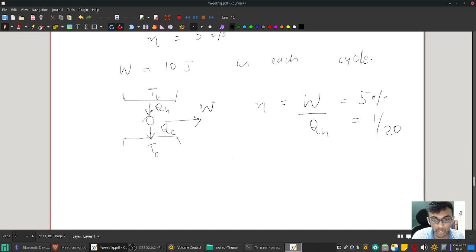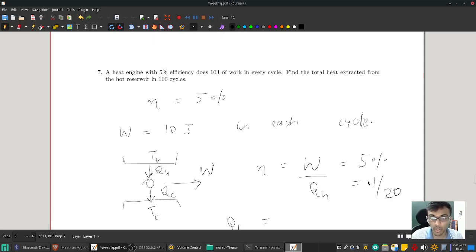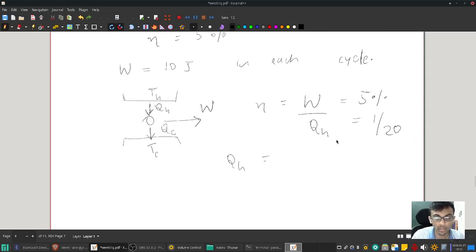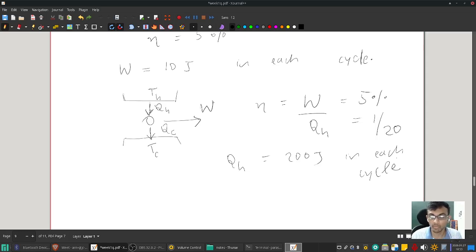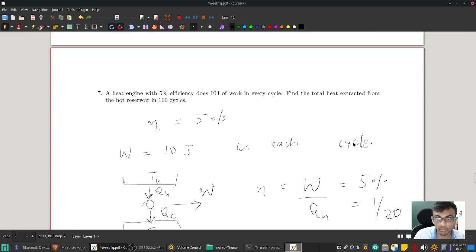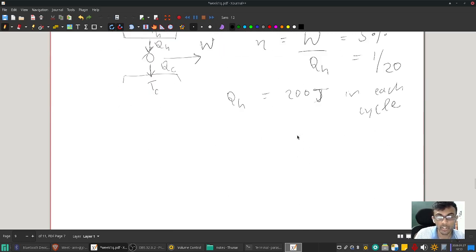Yeah. So in each cycle, it is going to extract 20 times the work it does, which is 200 joules. And the question is about the total heat extracted in 100 cycles. So this is per cycle.